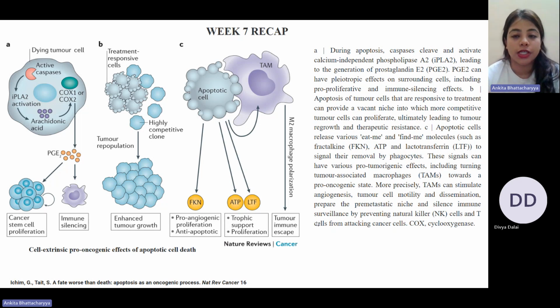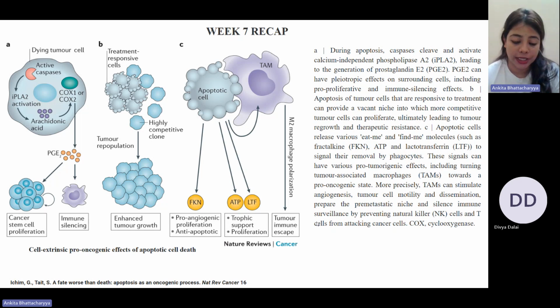What you see in the first part of this schematic, in part A, is a tumor cell which is currently dying. During apoptosis, caspases cleave and activate one particular enzyme, calcium independent phospholipase A2 or iPLA2, which leads to the generation of prostaglandin, which is PGE2.